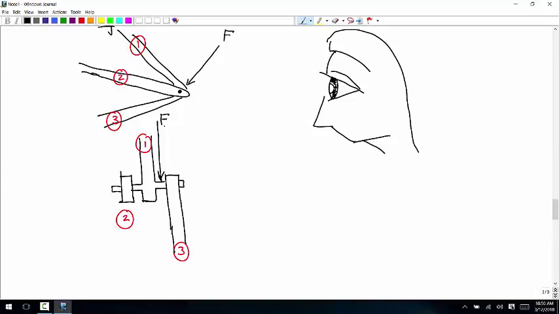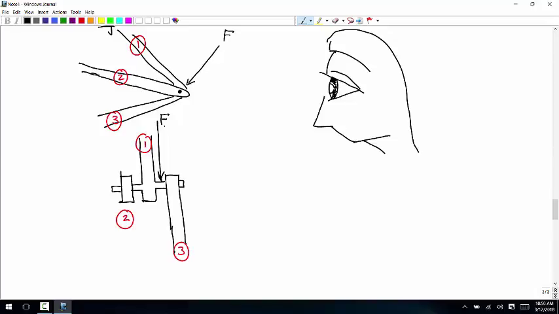So when I do the free body diagram of member 1, it's going to have a force 1, 2, because this touches the pin. It's going to have a force 1, 3, because this touches the pin. And it's going to have a force F. Okay? But now think about when I do a free body diagram for member 2, what forces does it feel?